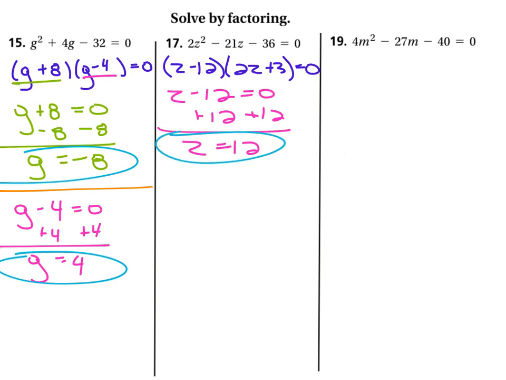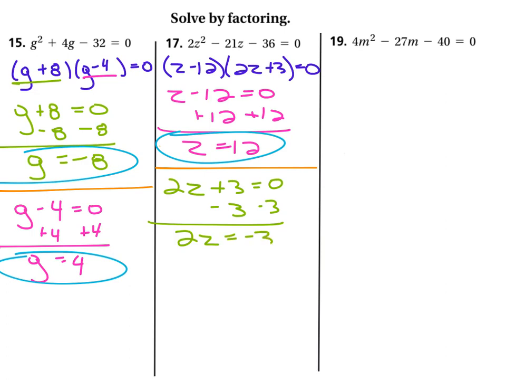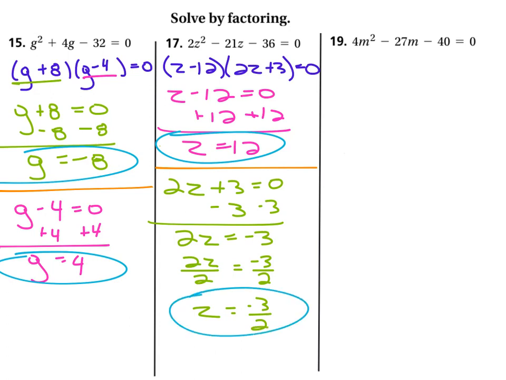And that is one of our answers. And then let's take the other expression, 2z plus 3, set that equal to 0. And solve. And there we go. Those are our two solutions.